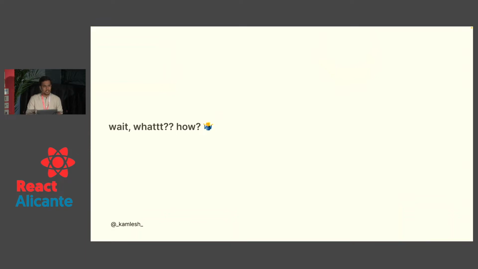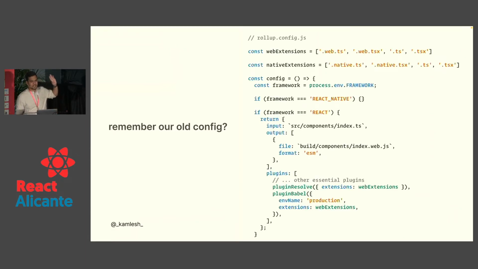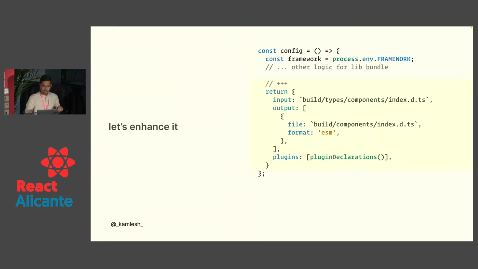But how are we going to do that? Rollup to the rescue again. Remember this old config that we just configured? What we'll do is use rollup-plugin-dts. That is the plugin that will help us bundle our types.